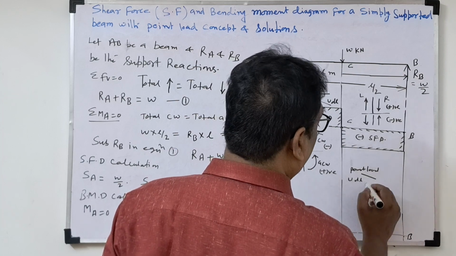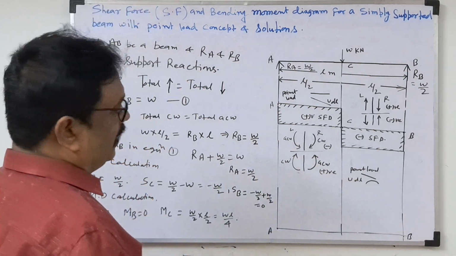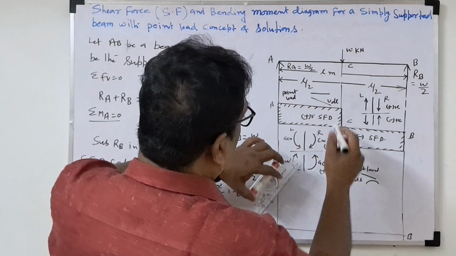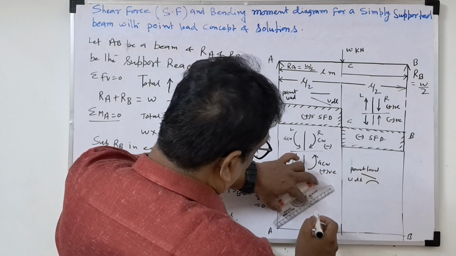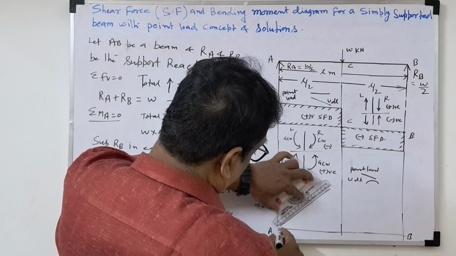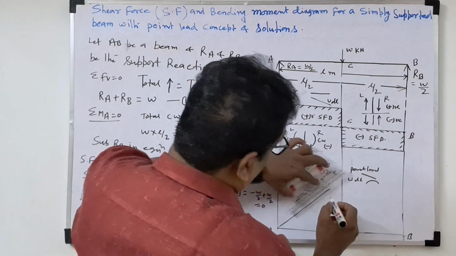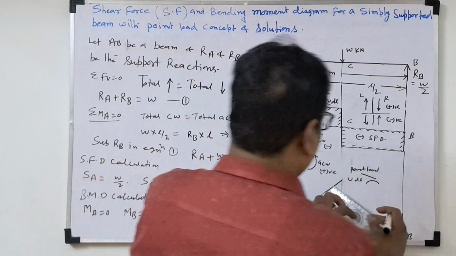UDL will be the parabola curve line. If UVL is there, it will be a second degree parabola. Once it comes, I'll show you. So now the bending moment diagram, inclined line. So bending moment will be maximum at point C.